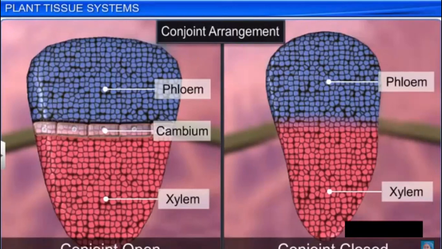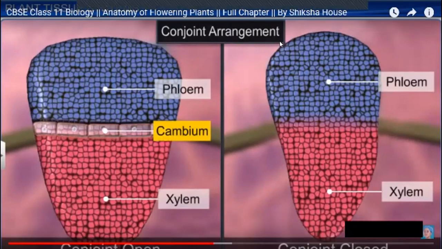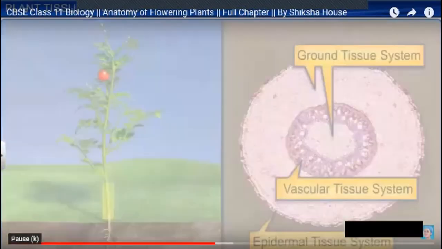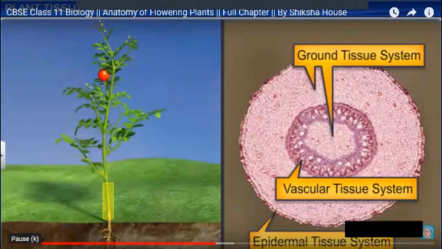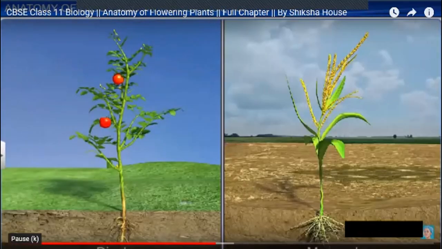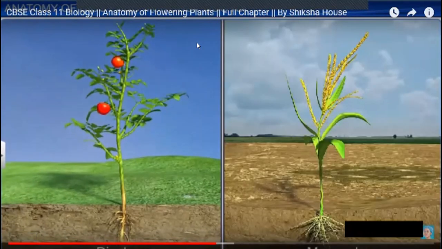In the conjoint open arrangement, the cambium is present between the xylem and phloem, while in the conjoint closed arrangement, the cambium is absent. The plant body has an intricate arrangement of various tissue systems that aid its growth and development. The root is one of the key organs.